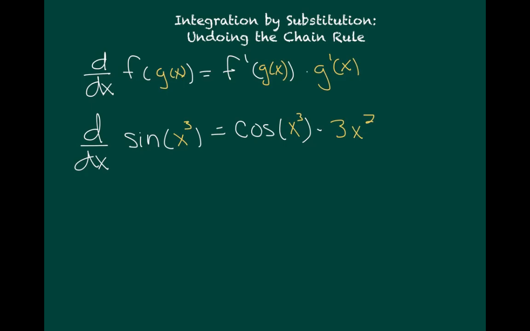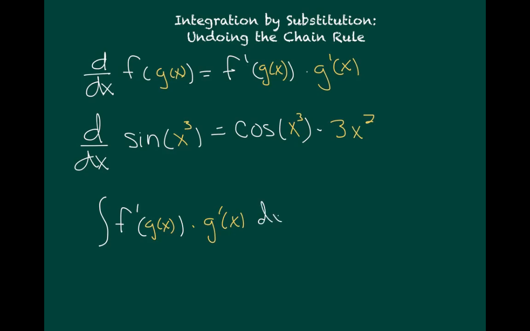That is to say, this answer here is what we're going to be integrating. So we're going to want to find integrals that have a function inside of another function and the derivative of that function.